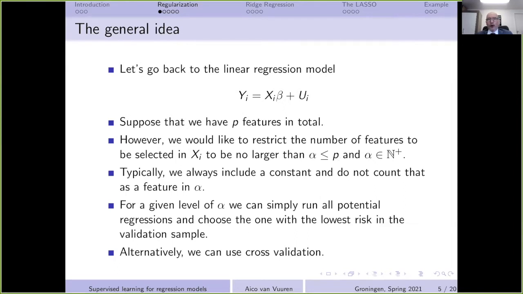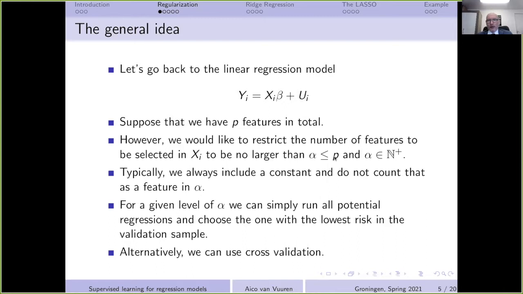Before I go on, the first thing that I have to say is that whatever alpha is, we typically know from econometrics that it doesn't make that much sense to run a regression without a constant. And therefore, within this alpha, we typically do not count the constant. So if alpha is equal to 1, then we are going to have the constant plus one additional feature. We do exactly the same with respect to p.